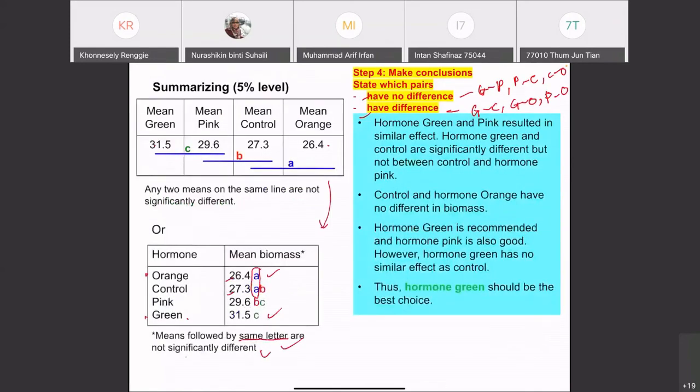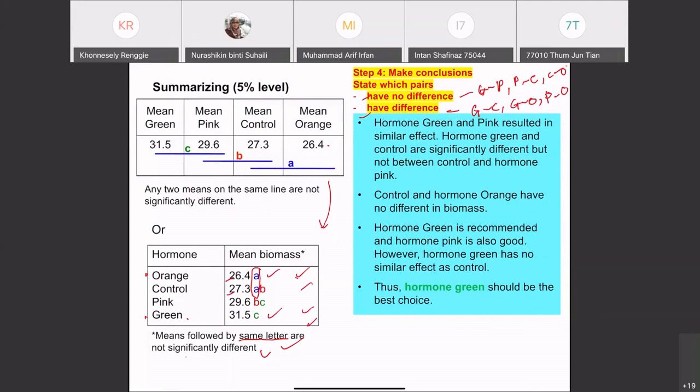So that's what I mean, that you have to understand by yourself, because when you read articles, or even when you present your data, let's say you have done your research and you present your statistical data, you are going to apply these kind of things, because you want to tell people which means are different and which means are not different.